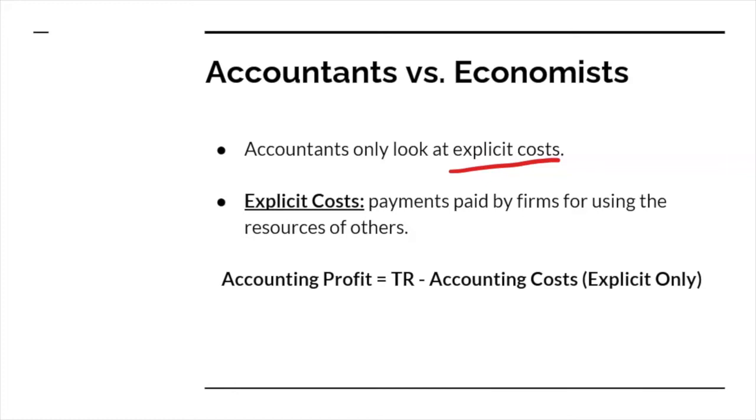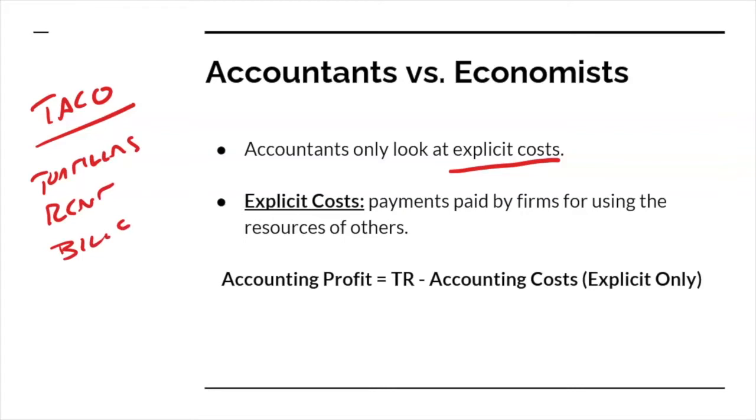So if you are running a taco stand, the explicit costs are going to be the tortillas. They are going to be the rent on the building, the utility bills. They're going to be the different types of meat that you use, the cheese, the sour cream, whatever.